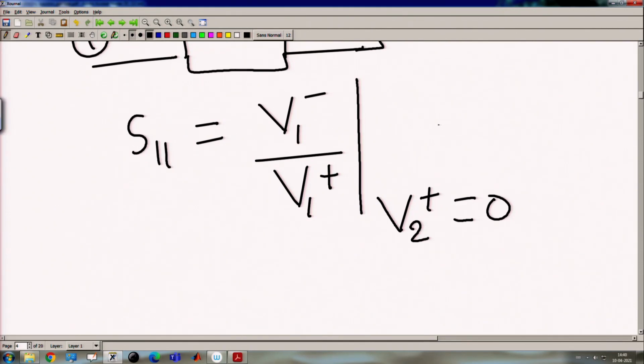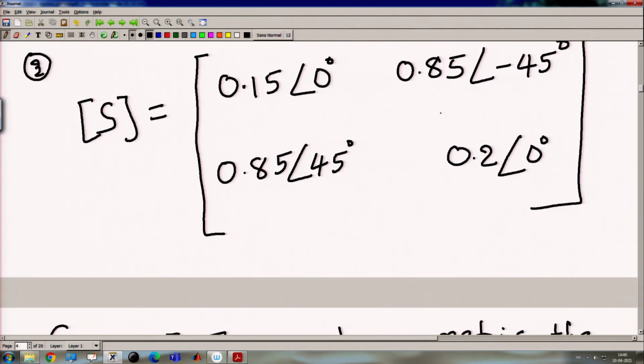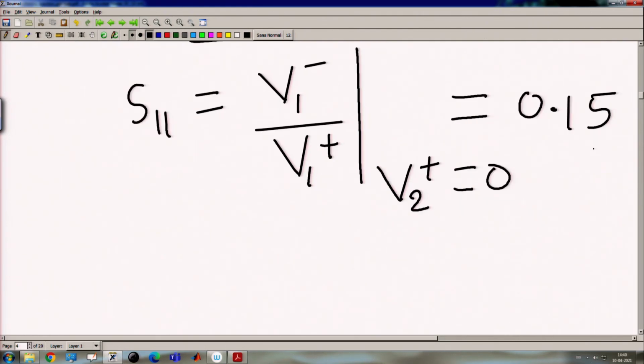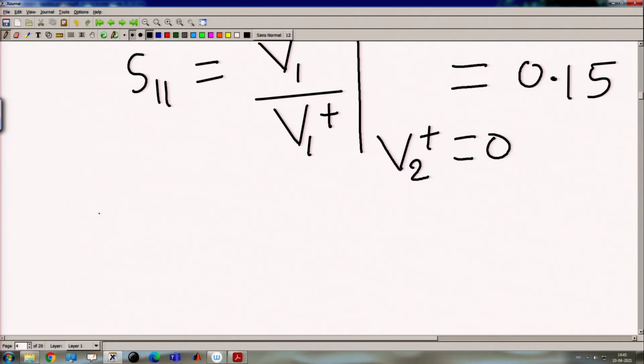So, by seeing that matrix we can know that S11 will be 0.15. We can find out the return loss.